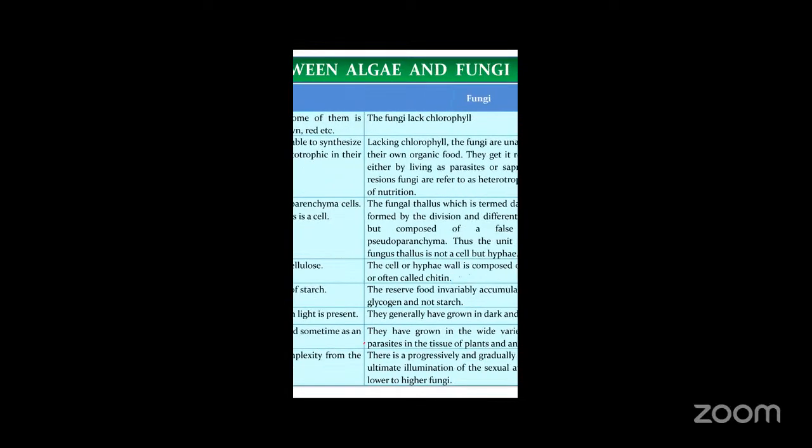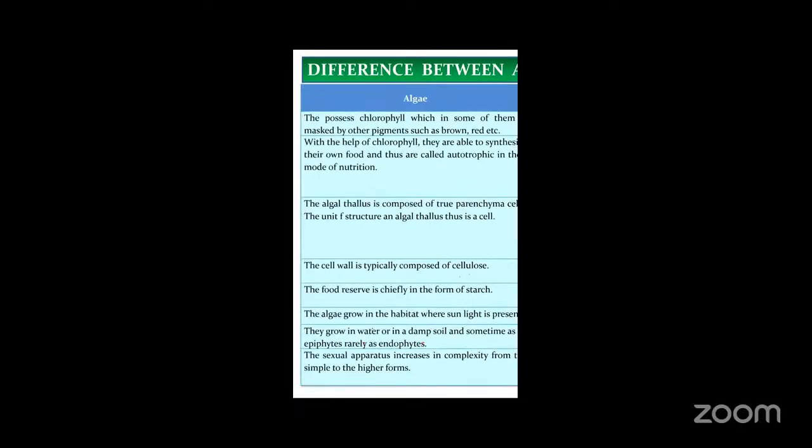So what do we discuss between algae and fungi? Algae have chlorophyll, some of it masked by pigments, such as in brown, red and green algae. But fungi lack chlorophyll. Algae with chlorophyll are able to synthesize their own food and thus are called autotrophs. But fungi lacking chlorophyll are called heterotrophs, living in parasitic or saprophytic conditions.